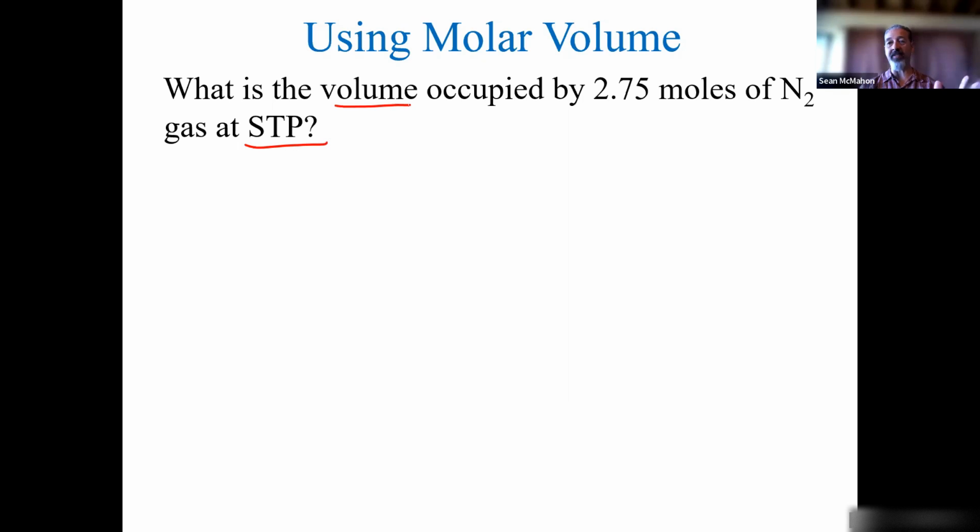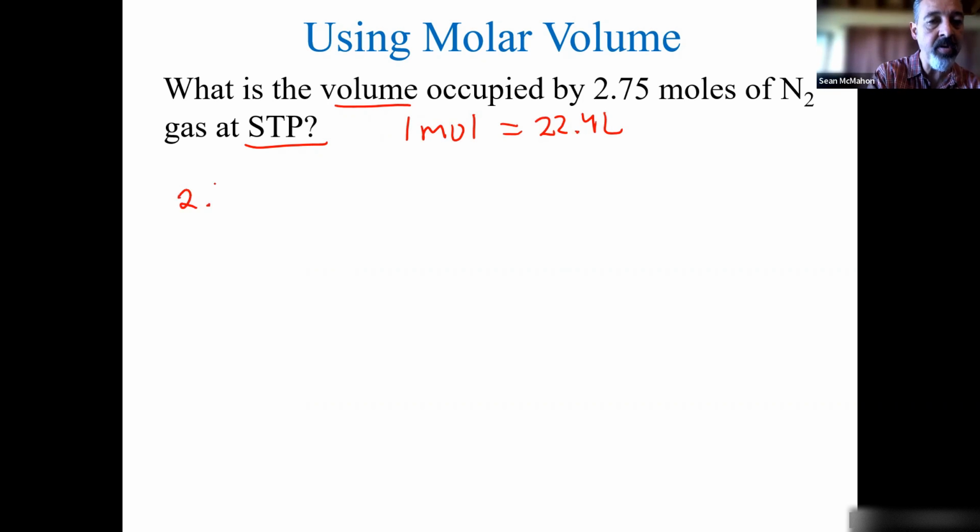So we're not using Avogadro's law because there's no change in conditions. But what we can do is say, well, it's STP, standard conditions of 273 Kelvin, 1 atm. We know that 1 mole of any gas is 22.4 liters. Now, why is that useful?